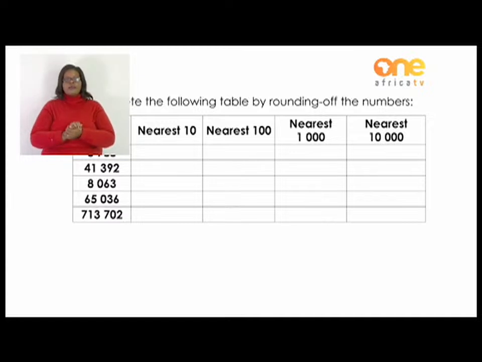You must round that number to the nearest 10. Remember that 10 is also T. You have to round off also the same number to the nearest 100. 100 is written in numeric, so you need to also understand that that 100 is also H, capital H. The nearest 1,000 and the nearest 10,000 is the same.